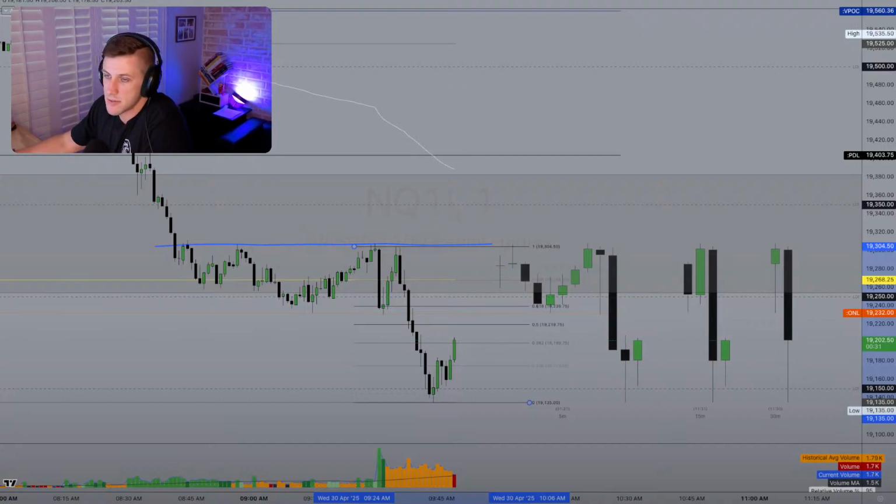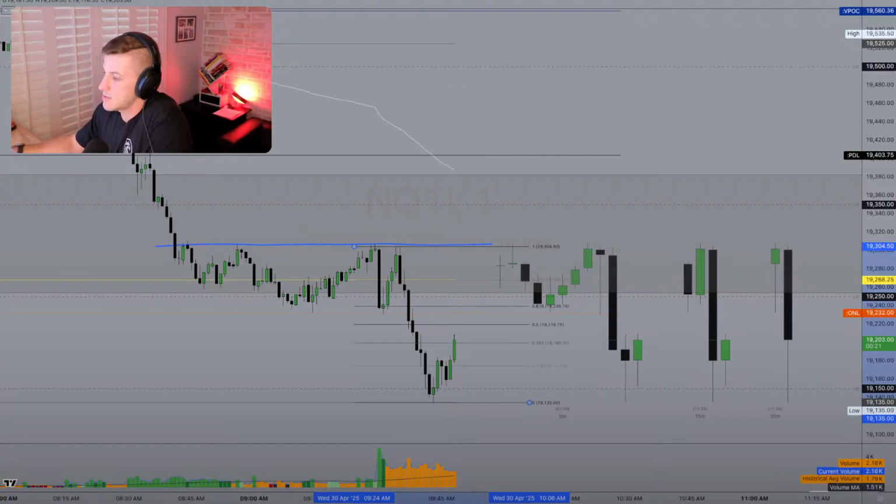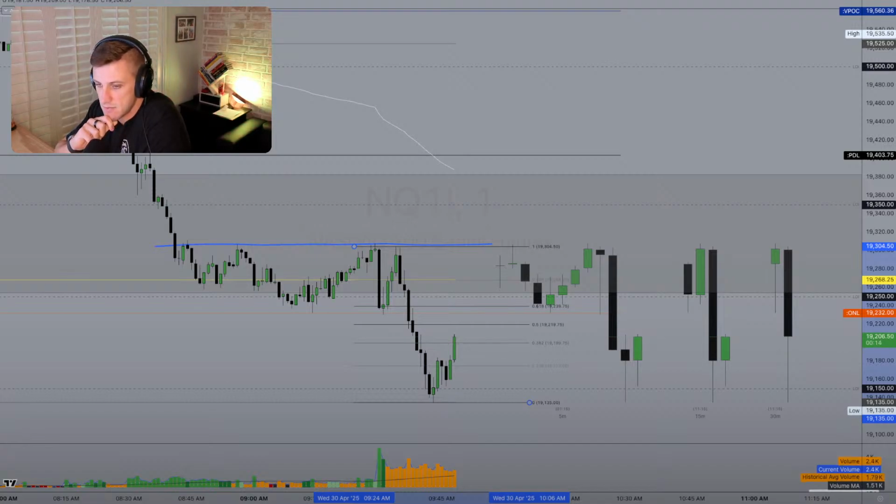Nice push. Buyers actually showing up. Good to see. That was a nice higher low, a little micro higher low. A little too aggressive for me, but good to see the levels of interest be respected in that way.